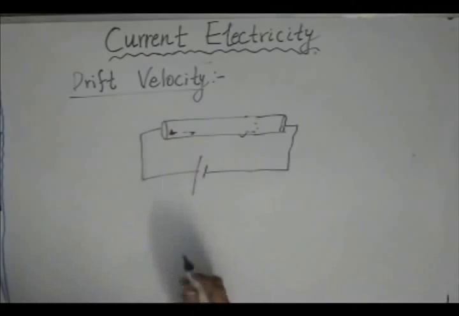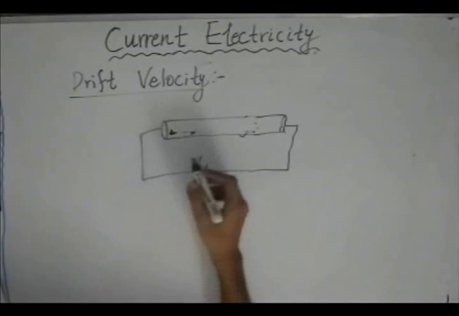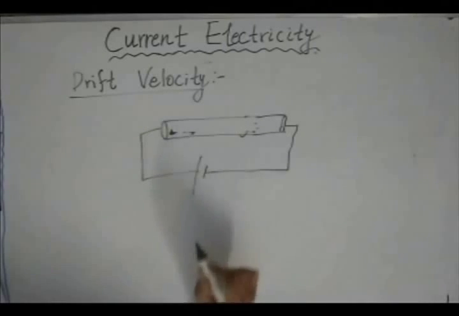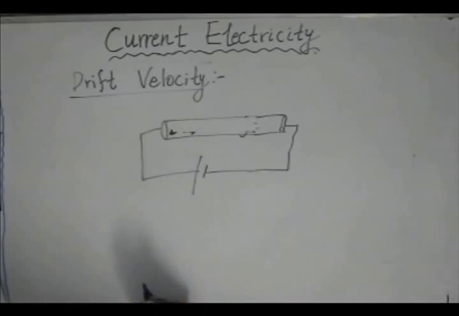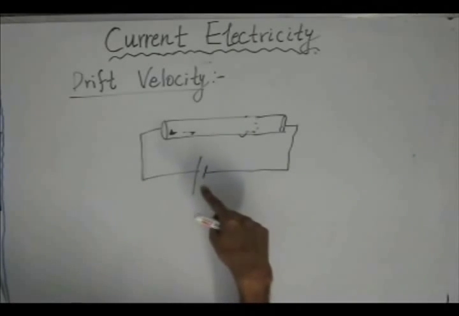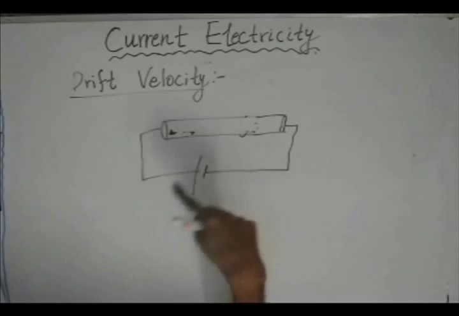Because of the potential difference applied, each free electron in the conductor will experience some driving force. Since the electron is a negatively charged particle, the direction of that force would be opposite to the direction of the electric field. That means the electrons would experience a driving force from the negative terminal of the battery toward the positive terminal of the battery.